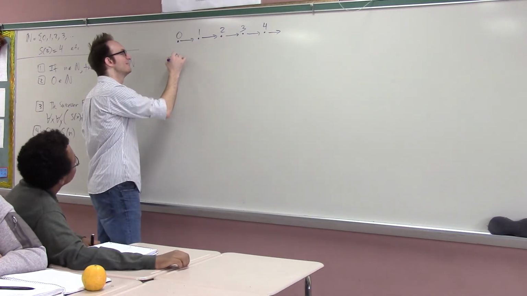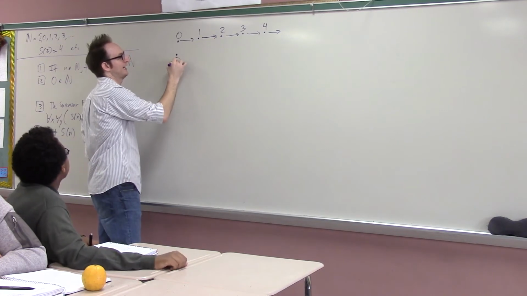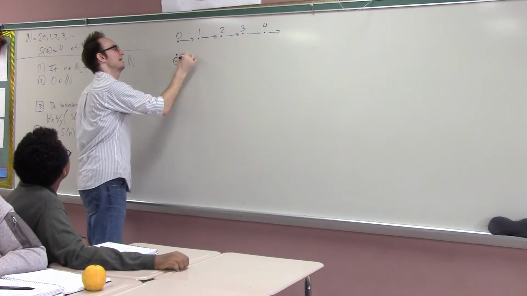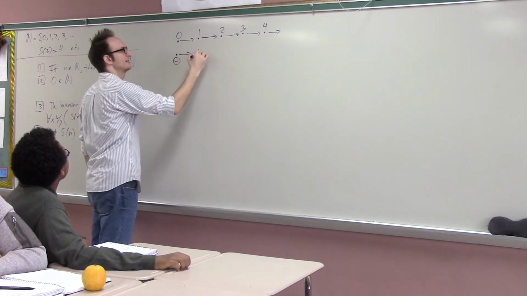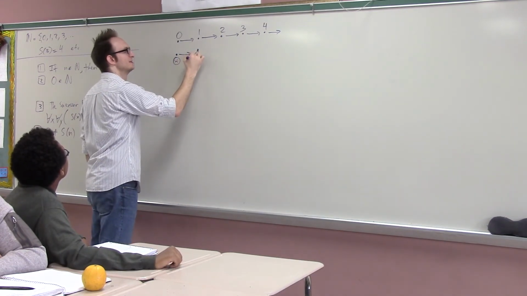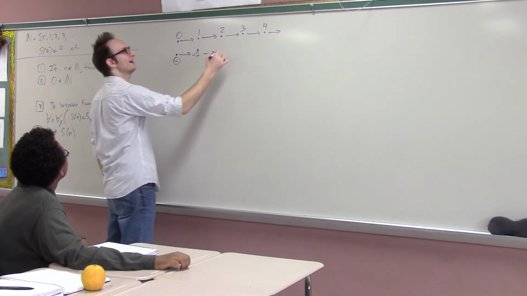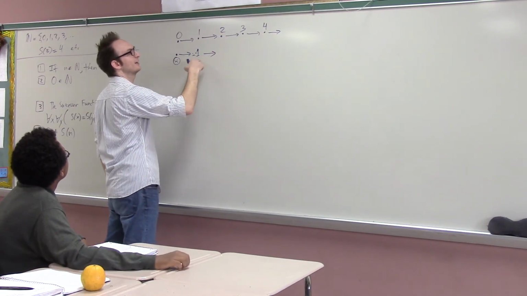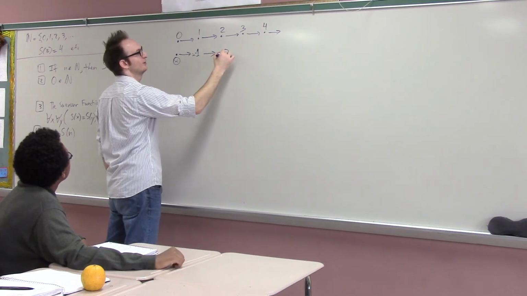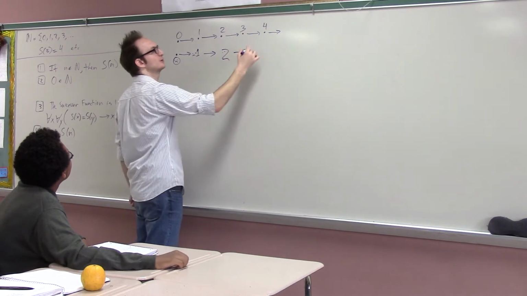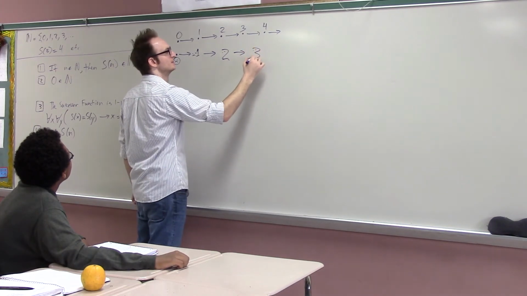So that's evil 0, and then the successor of evil 0 is evil 1, and the successor of evil 1 is evil 2, and the successor of evil 2 is evil 3.